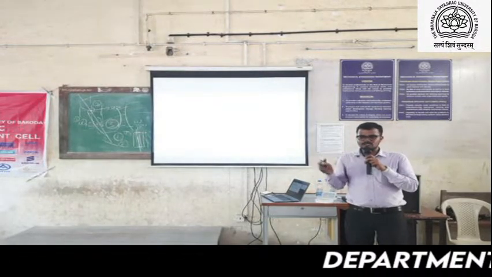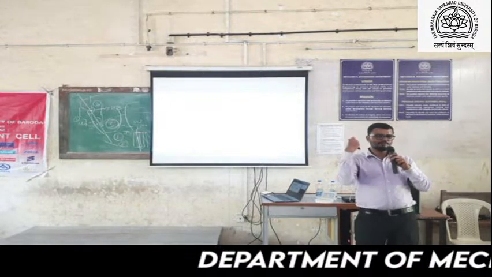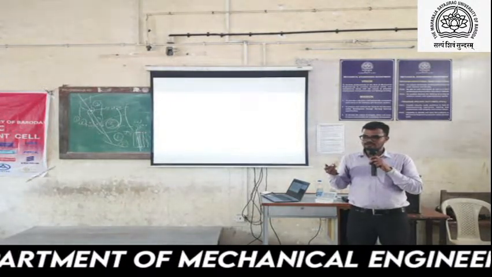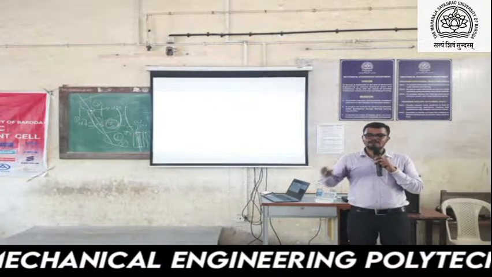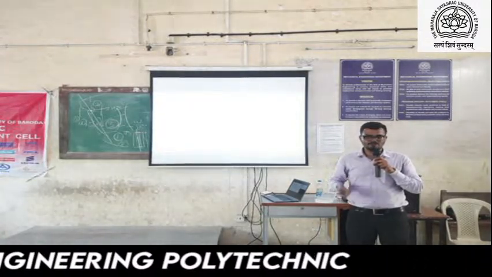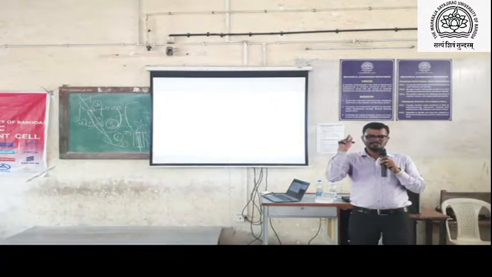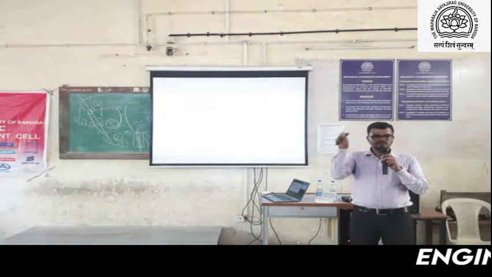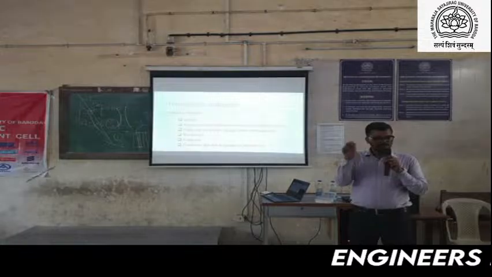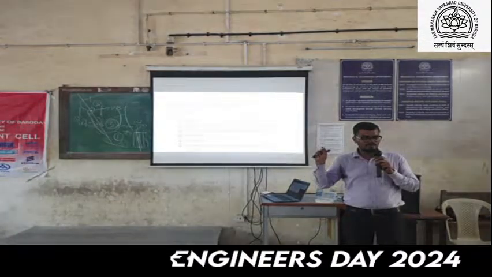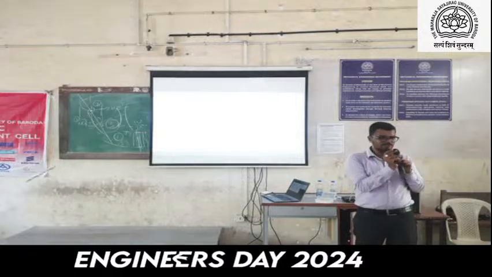Quality control is just like this: assume you are a designer. You give some dimension. The quality control team checks whether this dimension is achieved or not. That is quality control; you are controlling the quality.